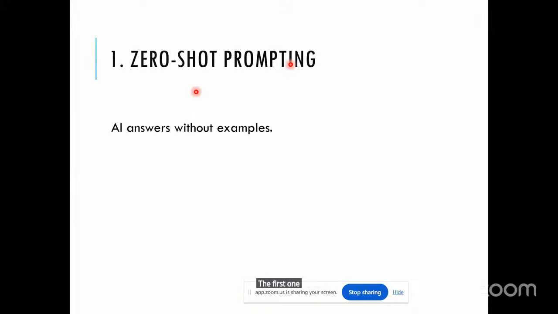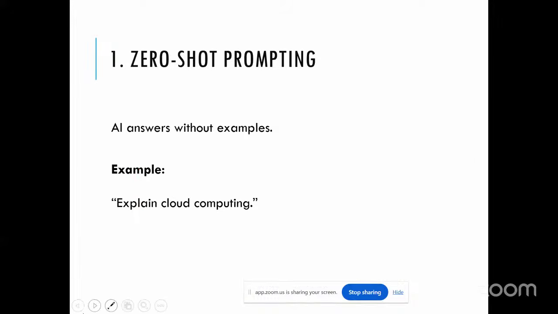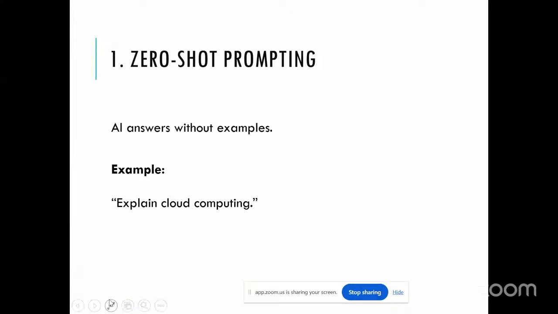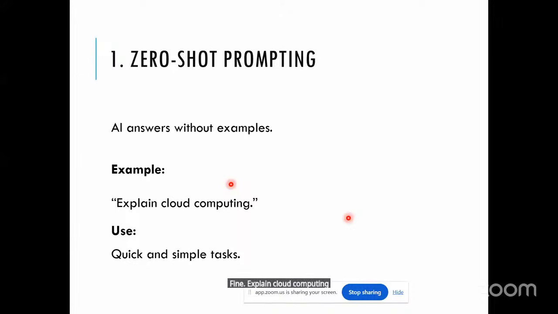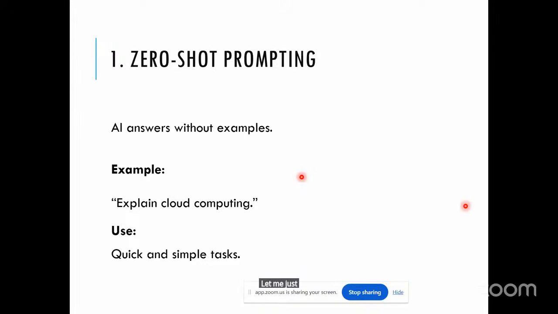The first one is zero shot prompting. So AI answers without examples. The example they have given us is, explain cloud computing. The use of this type of zero shot prompting is for very quick and simple tasks. Let me just put this prompt in ChatGPT.